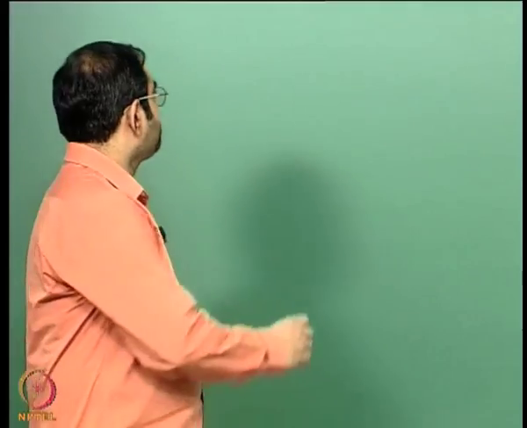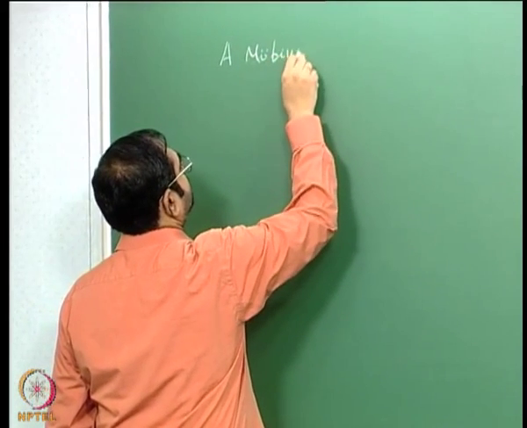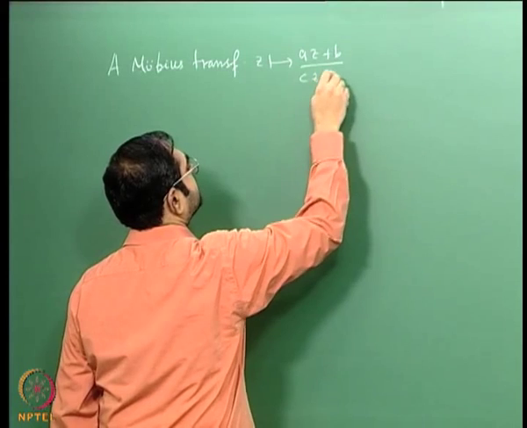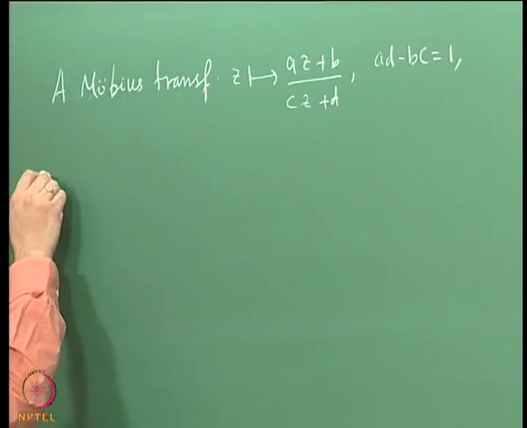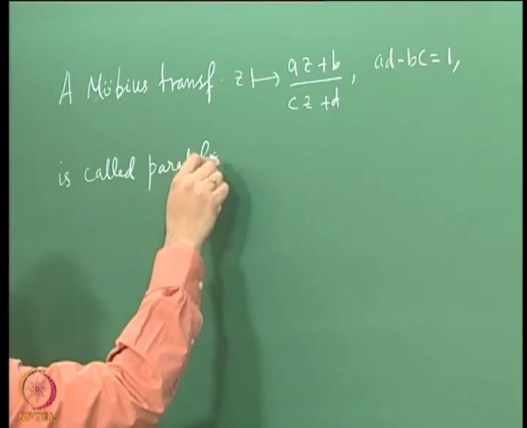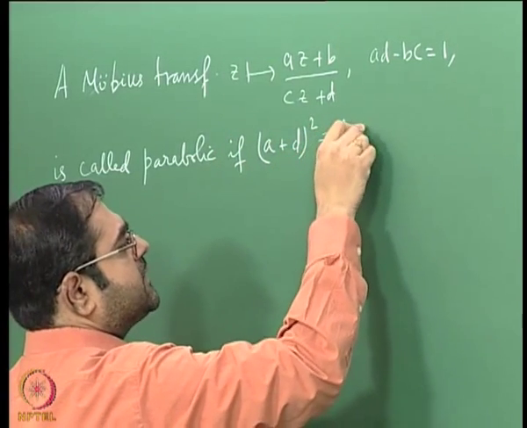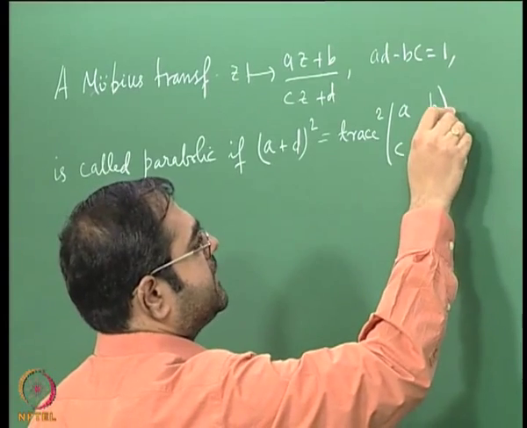Okay, so let us continue with our discussion about Moebius transformations. Yesterday, or rather in the last lecture, I was trying to tell you that a Moebius transformation z going to (az + b)/(cz + d), with the condition ad − bc = 1, is called parabolic if (a + d) squared, which is actually the trace squared of the matrix abcd, is equal to 4.